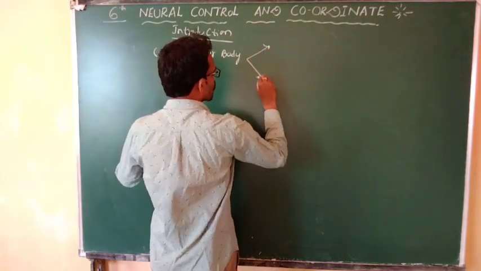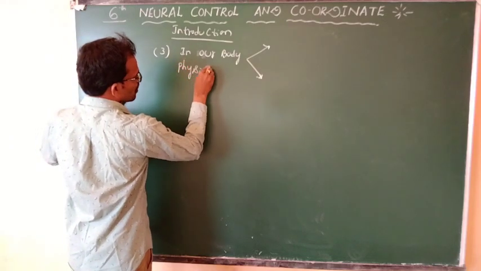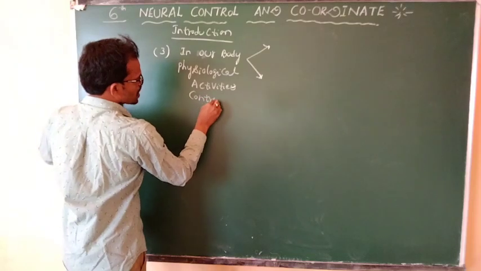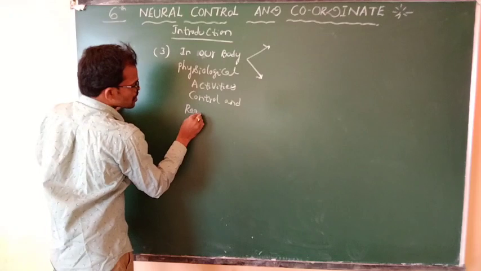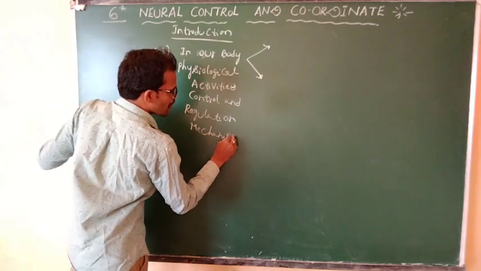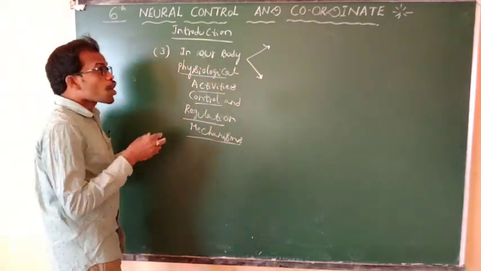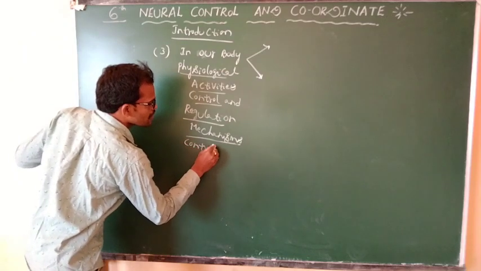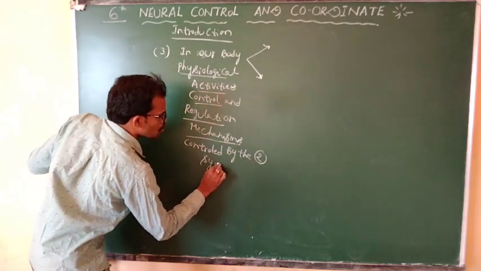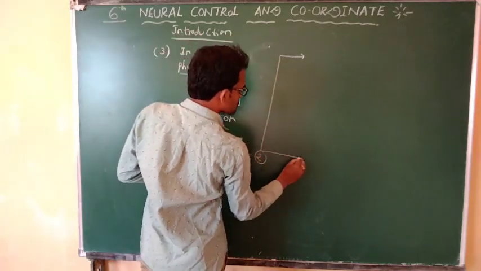In our body, the physiological activities and the control and regulation mechanisms are controlled by two systems. What is the first system?